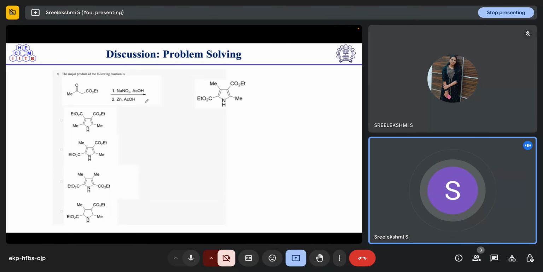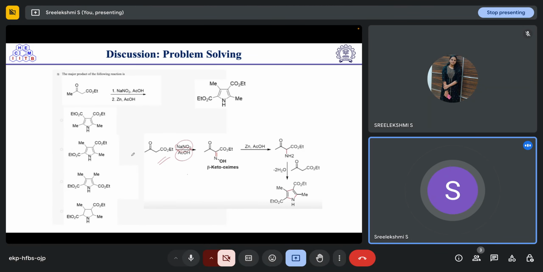So here the correct answer is this one, option B. First, in the presence of sodium nitrite and acetic acid, this beta keto oxime is forming by taking up a proton from here, forming this carbanion over this center that will attack over this nitrogen, which is electrophilic in nature, to form this, and that bond will leave, and this will generate this beta keto oxime.